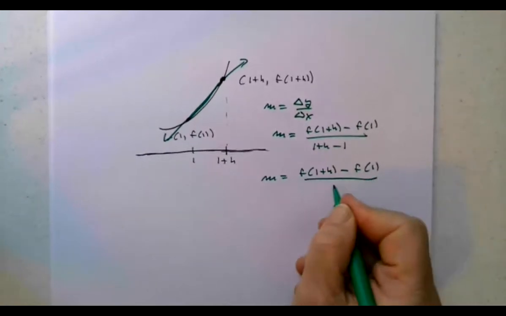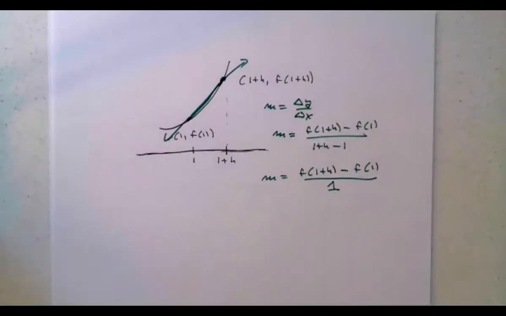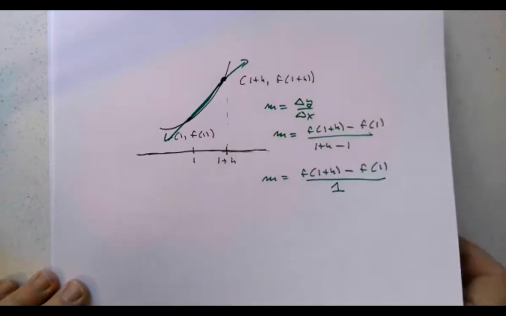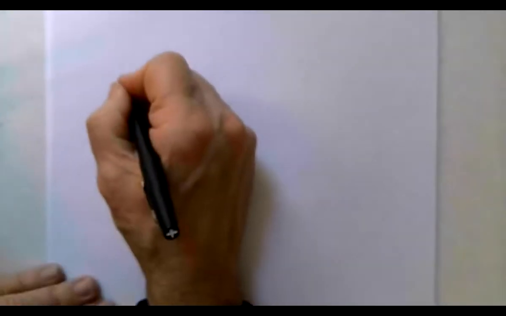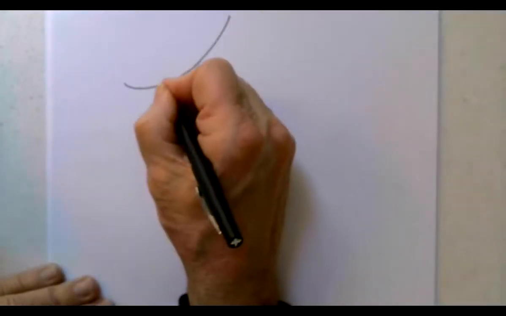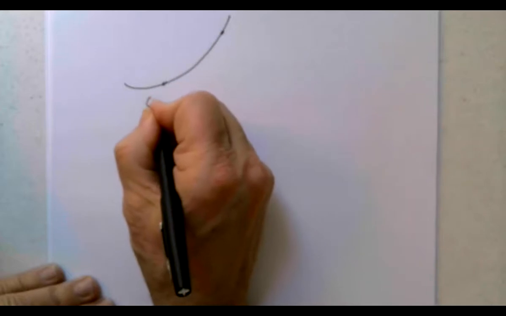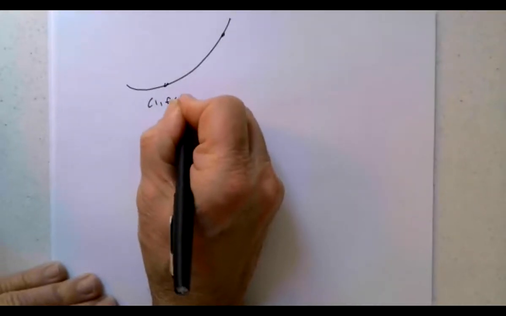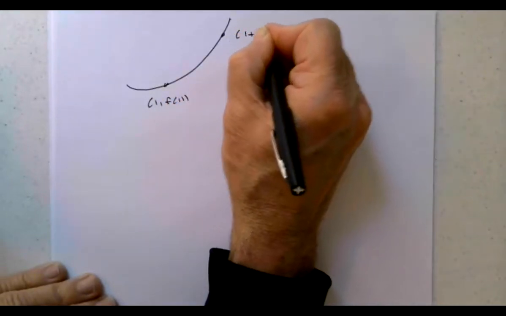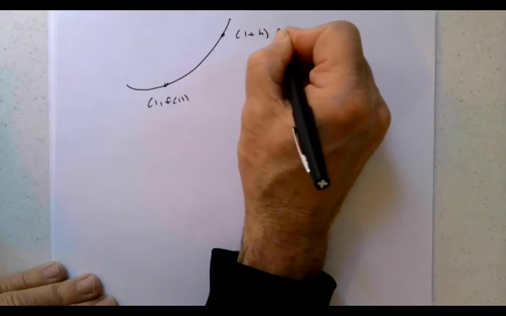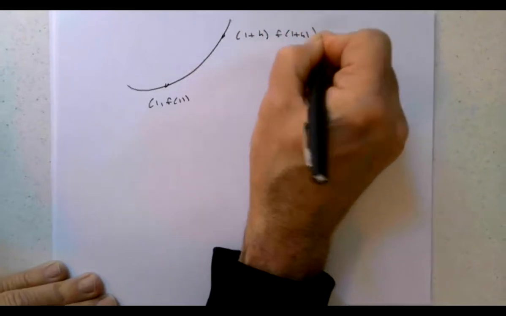Slope of what, though? What did we call this? This green thing was a secant. So the slope of the secant is going to be that. So let's try to draw a slightly better picture. So again, exaggerating. Here's 1, f of 1. Here's 1 plus h, f of 1 plus h.